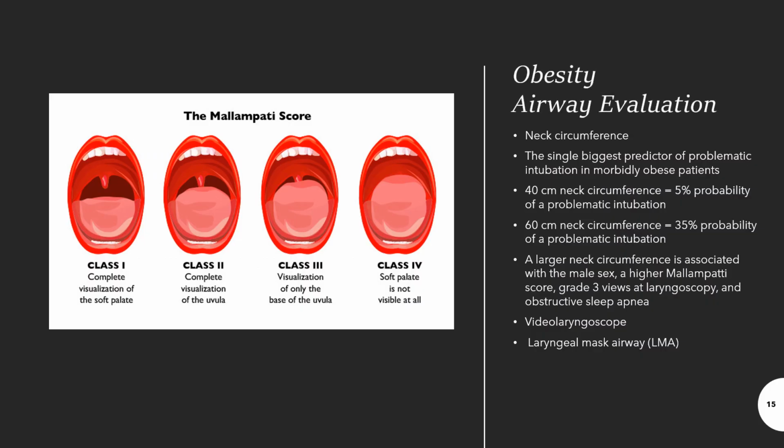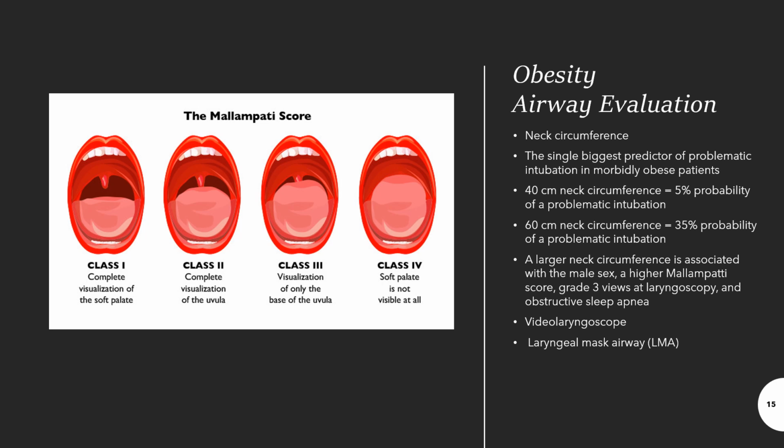I wanted to get into some guidelines that could be used for intubations. And some of the things you've got to look for, especially with the morbidly obese patient, is neck circumference. That is the single best factor to predict a difficult intubation or not.